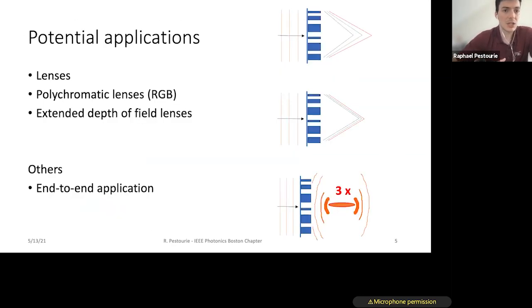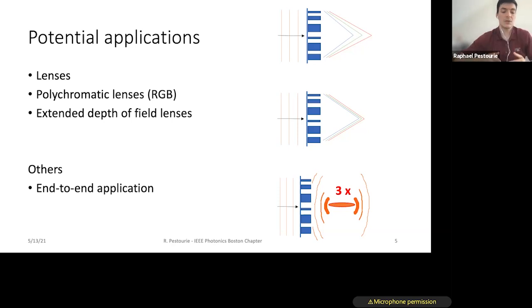There are a lot of applications for those devices. The first that come to mind are lenses, and work on polychromatic lenses has been done. I'm going to show some more today, where you want to correct for the chromatic aberration for a specific wavelength. You can also design the structure to have a non-trivial transmitted field, like lenses with extended depth of field.